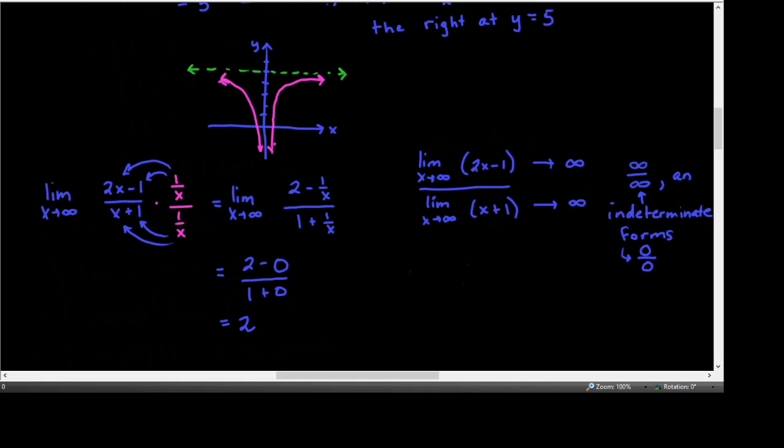That infinity over infinity was 2. Infinity over infinity, just by looking at it, you can't necessarily tell what its limit will be, and you're going to have to do some kind of algebraic manipulation to find out what its limit will be. It could have been infinity, it could have been 0, it could have been -3, it could have been pi. There are lots of things it could have been. It just so happened that it was 2 for this particular problem.